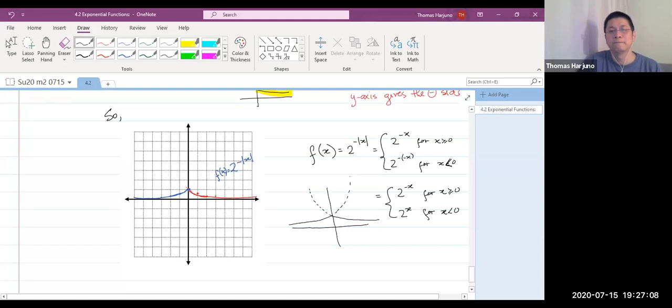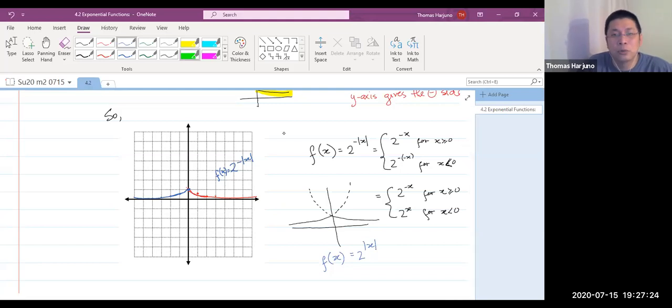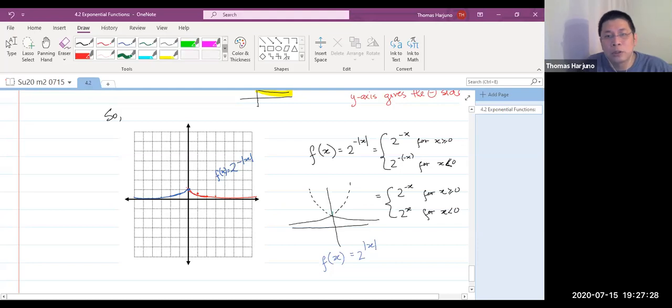Now, actually, if I use another function, you can imagine what happens if I have f(x) equals 2 to the absolute of x, which is actually question number 23. Then you will see 2 to the absolute of x will give you this portion. When x is positive, it will give you 2 to the x.